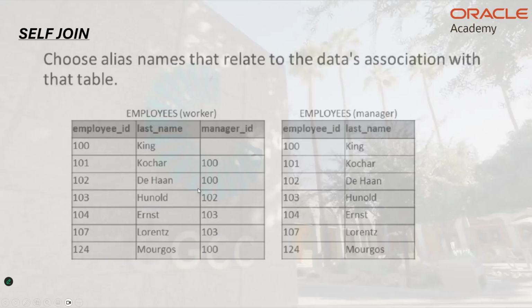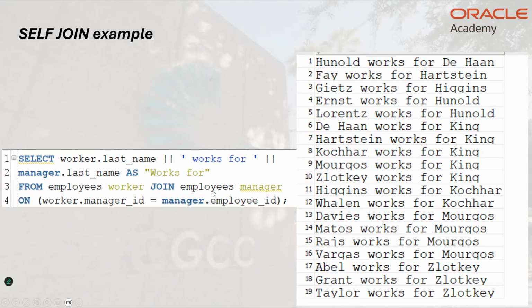And I think I do run this. So this is what it looks like from our developer. Arnold works for De Haan, Faye works for Hartstein, etc. Just using that same indication. And that's basically using a table, since we have that information all in one table, to join itself.